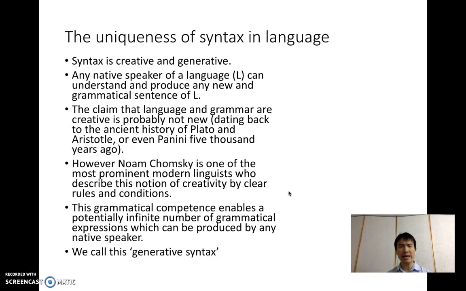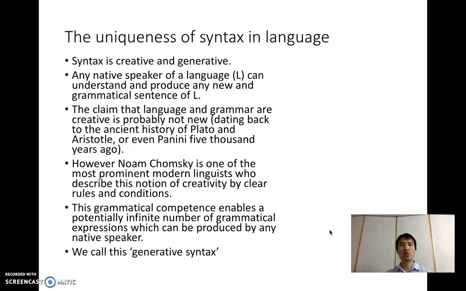And what is so magical is that this syntax rule and syntax condition is part of the language competence, and this competence enables us to produce an infinite number of grammatical expressions. Because of this, Noam Chomsky called this generative syntax.